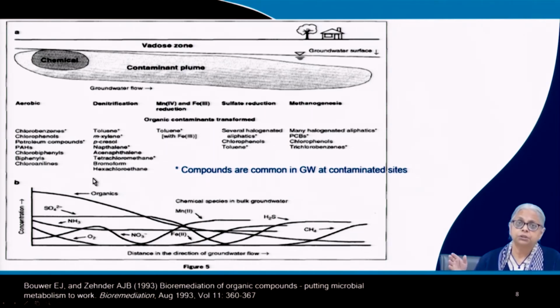I've already shown you the sequence of electron acceptors. Here we have oxygen, denitrification, where nitrate is converted to nitrogen gas, Mn4, Fe3, these are reduced, then you have sulfate reduction, and methanogenesis.